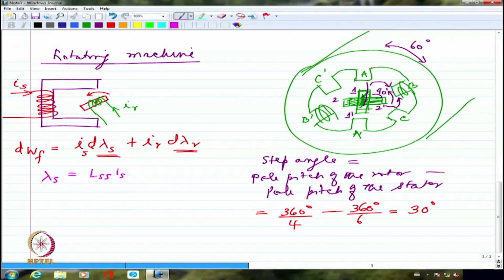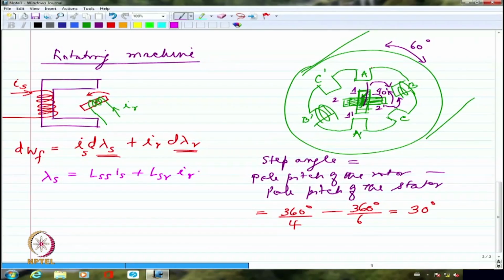Plus, I have to write along with this LSR, which is the mutual inductance between the primary and the secondary, like what we talk about in the transformer, or between the stator and the rotor in this particular case, the 2 windings, multiplied by IR. This is my stator side flux linkage.